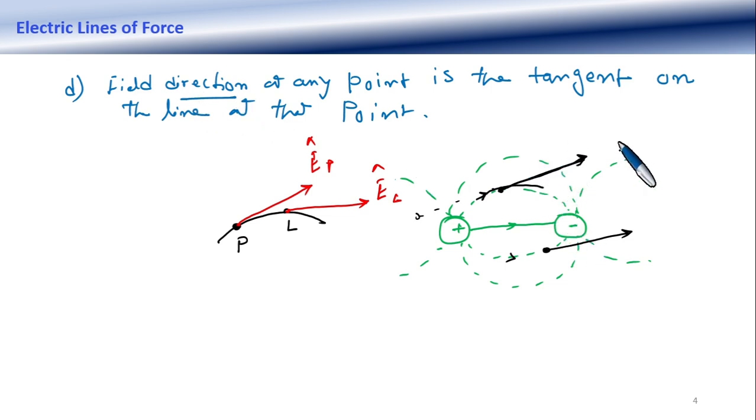Electric field lines describe the direction of electric field like this, by the tangent. Field lines also describe the intensity of the electric field. So we have found the direction, and now we are going to find the electric field intensity.